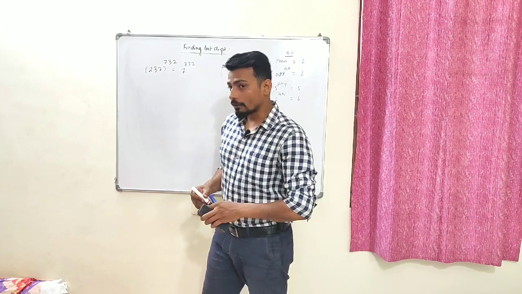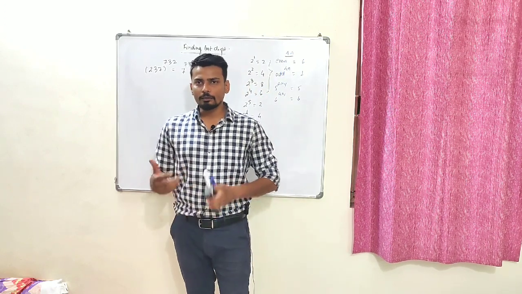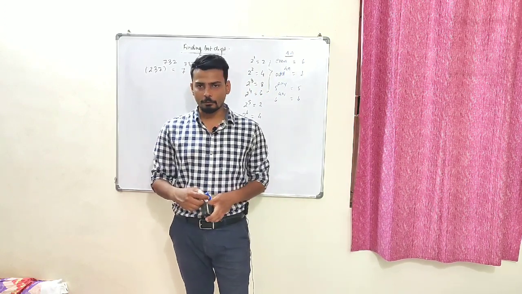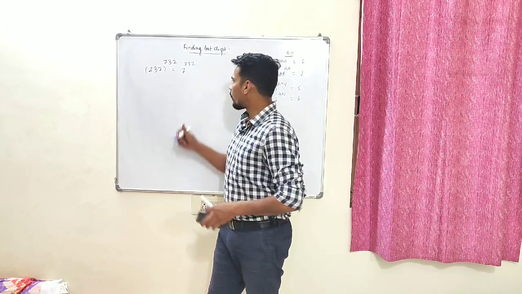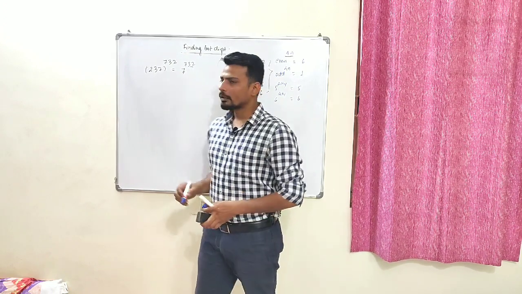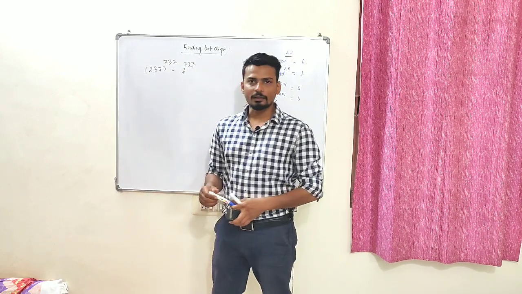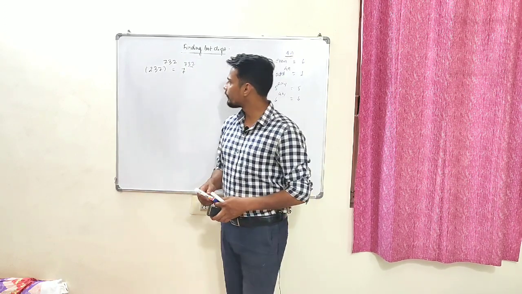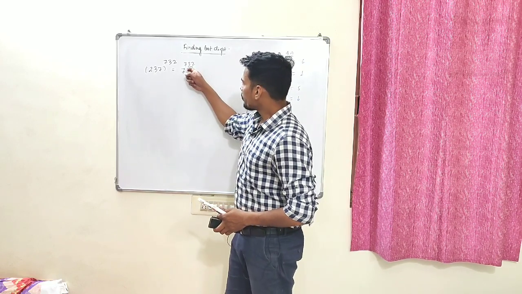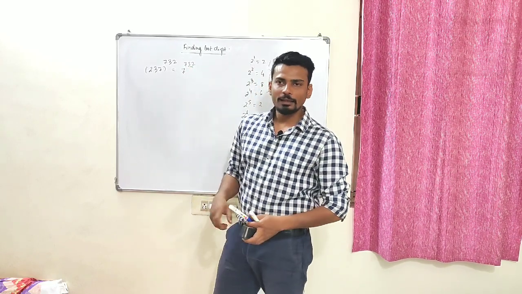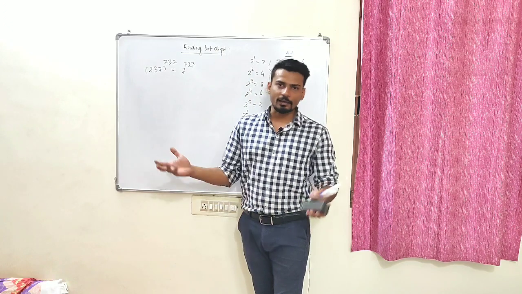Now we have an advantage over here. I know that a number is going to be divisible by 4 if the number formed by the last two digits is a multiple of 4. Well, I have taught all this in my fundamental number system video. You can just go ahead and check the video. Alright then, if I divide 32 by 4, I'm sure it's divisible by 4, 8 times, right?